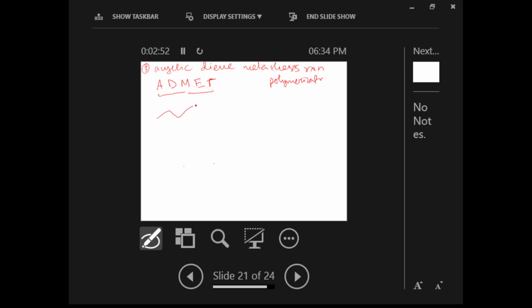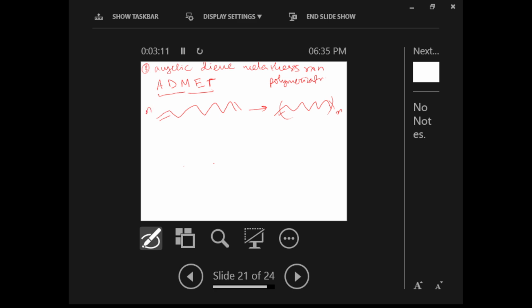If you have an acyclic diene, let's say this and this, it will undergo the polymerization reaction like this. So n number of these undergo the polymerization reaction.